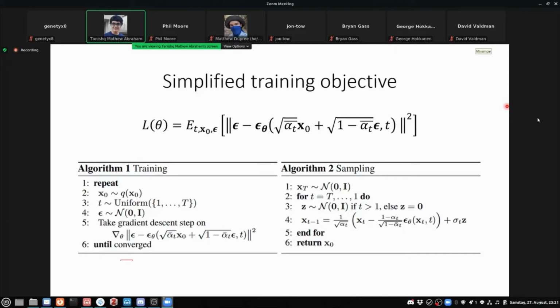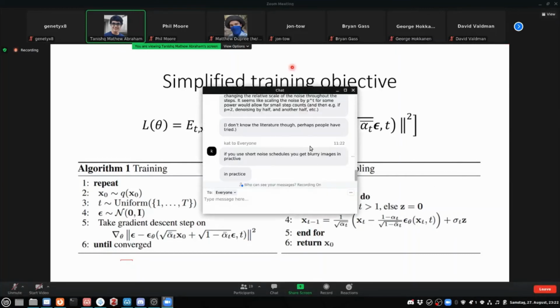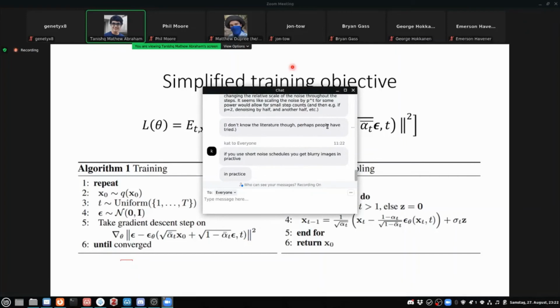Okay, so moving on. There were some more questions here. There's a question about how the schedule of the betas would change things. We'll talk about that more, because different papers do use different schedules for the betas, and they have different effects. When we get to some other papers, we'll discuss that.